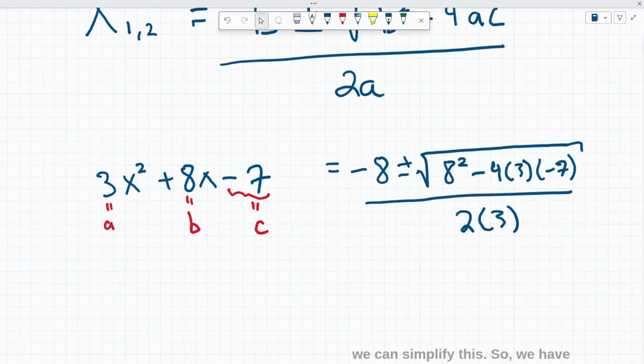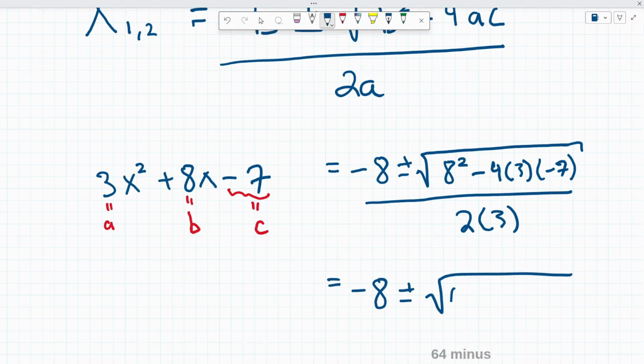So let's see how we can simplify this. So we have negative 8 plus or minus the square root of 64 minus 4 times 3, which equals 12, multiplied by negative 7, which equals 84. And since we have 2 negatives here, this becomes a positive.